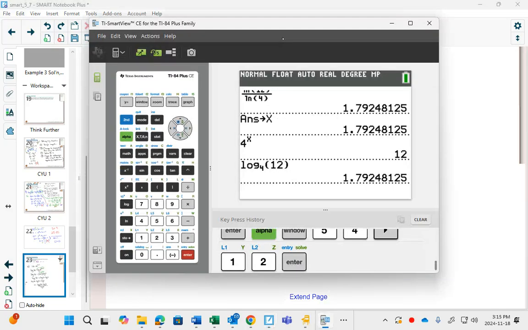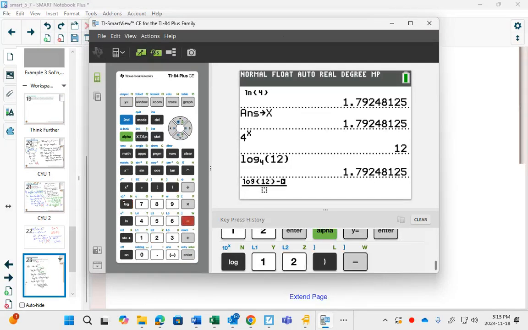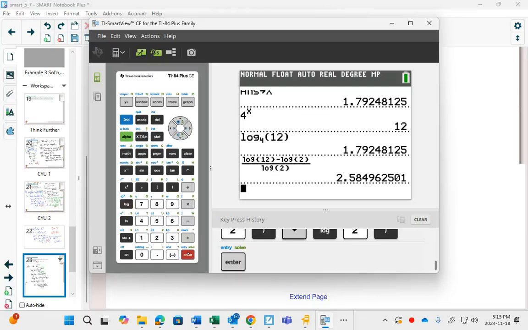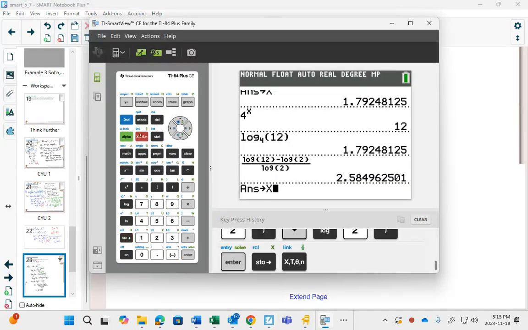Type that all into my calculator. Log 12 minus log 2 divided by log 2. And we get 2.584. And store that as x.